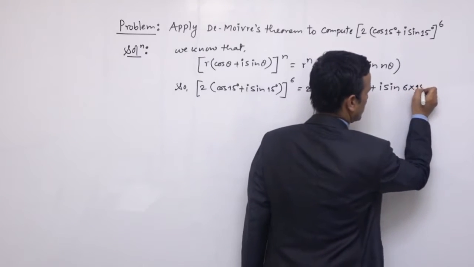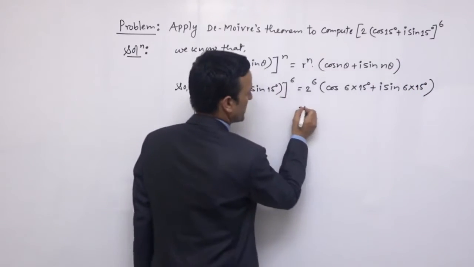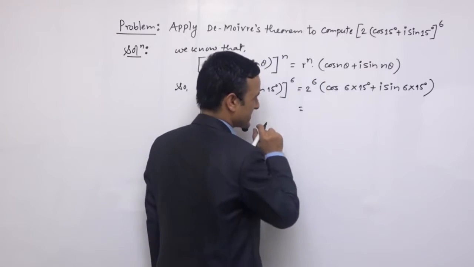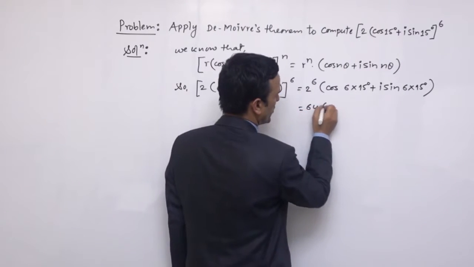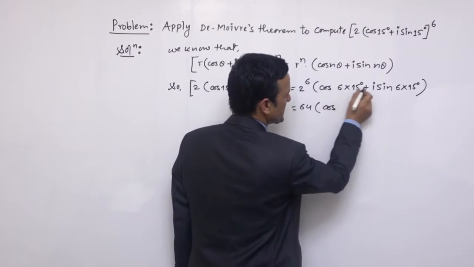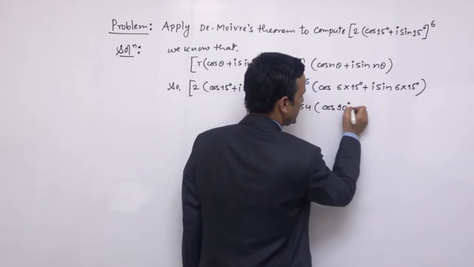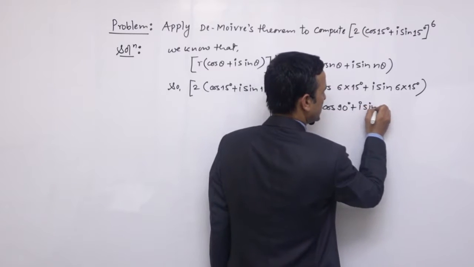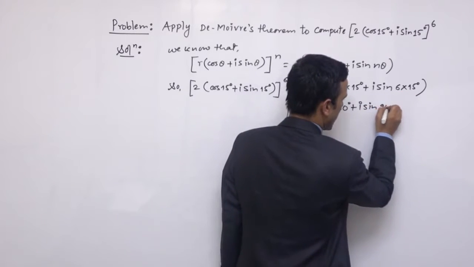So if you multiply this one, 2 power 6 means 64, and cos 6 times 15 is 90 plus I sin 6 times 15 is 90.